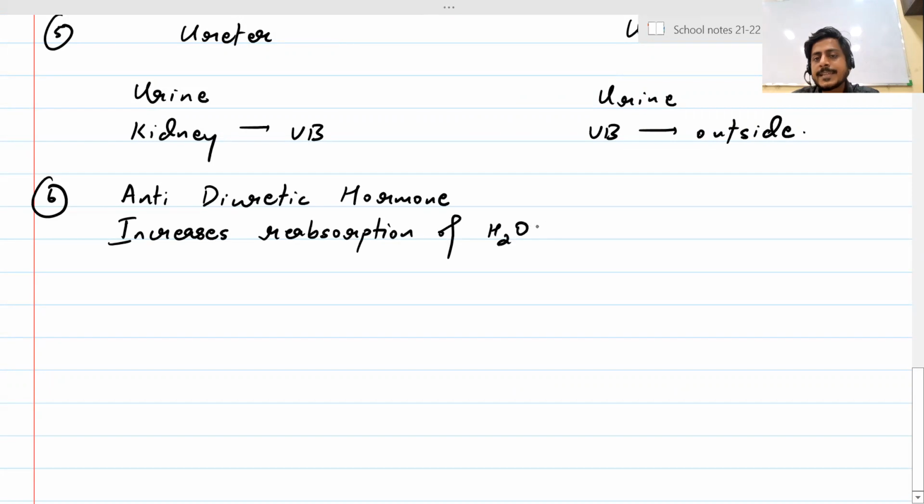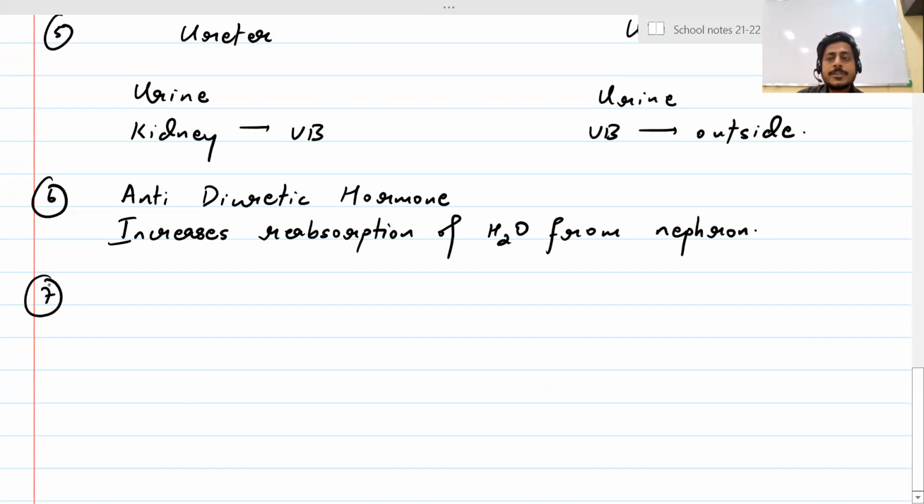You write the full form in exam. Especially it acts on the DCT and the CT, the distal convoluted tubule and the collecting duct. Remember, ADH का काम है urine में water level कम करना. अगर ADH कम होगा तो urine में water level ज़्यादा होगा.